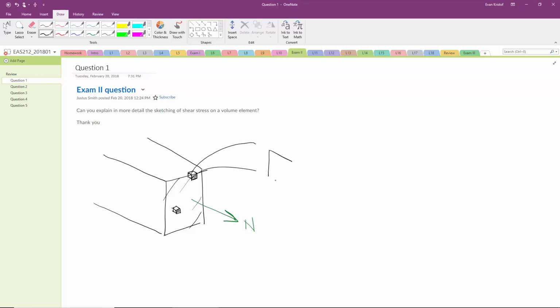and any of those, if I were to blow it up and show it on a little bit larger scale, what I would have to show for the stresses would be simply a normal stress on either face.